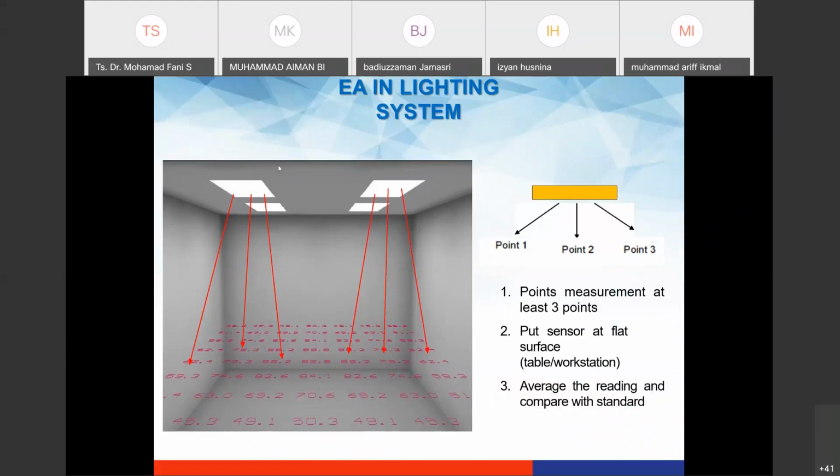So how to measure the lux level? Okay, take 3 points for every single lighting that we have, and get the average of the readings and compare with the standard.